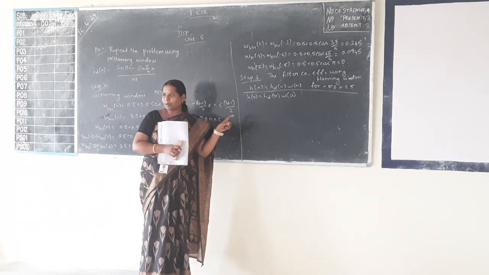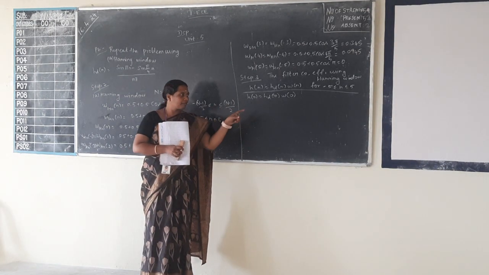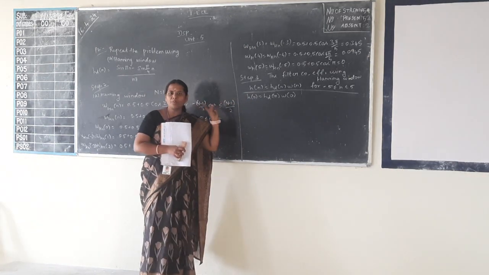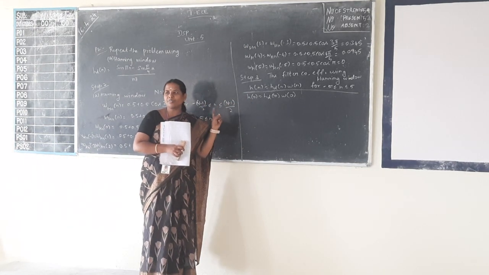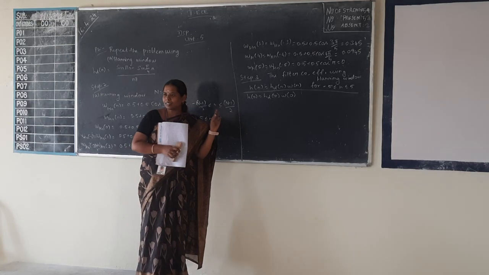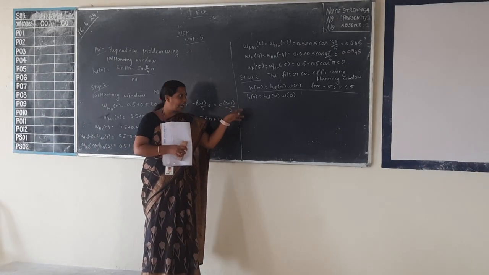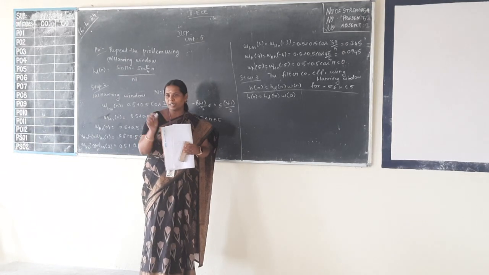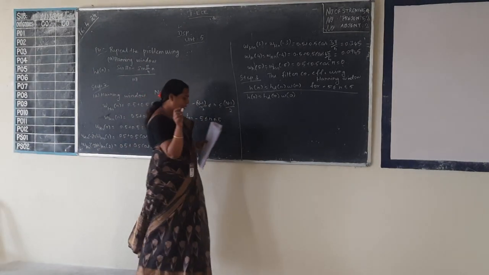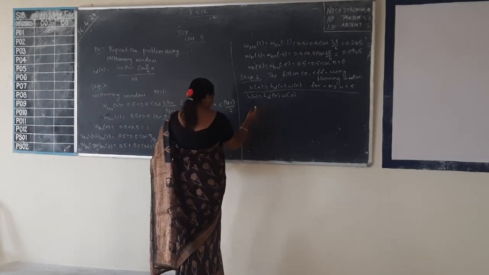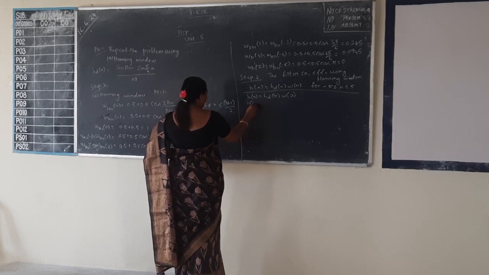It becomes a finite impulse response filter, an FIR filter. The limit has changed from minus 5 to plus 5. Here we have the values for w of 0, w of 1, w of 2, 3, 4, 5 also.